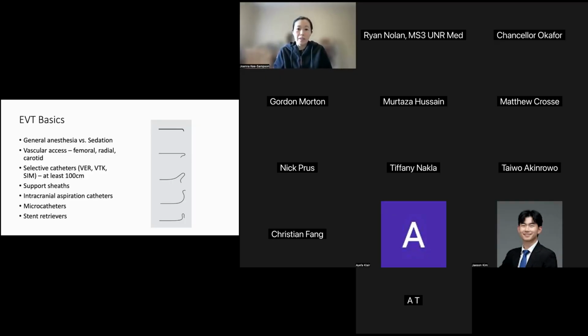So vascular access. You've got to have a way to get to the brain somehow, right? The most common access route is still femoral, through the common femoral artery. But depending on the patient's anatomy, their arch, tortuosity, radial is a very viable method of doing stroke thrombectomies, especially for posterior circulation. Now there are more and more devices being made, especially for radial access stroke thrombectomy, which makes it a little bit easier.